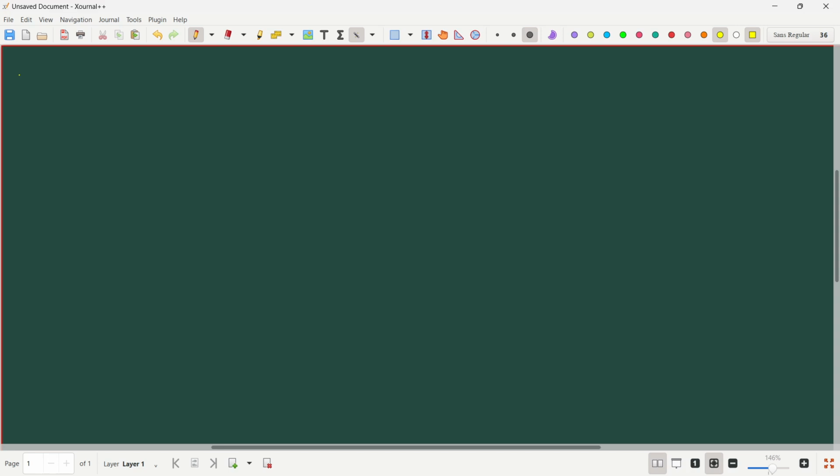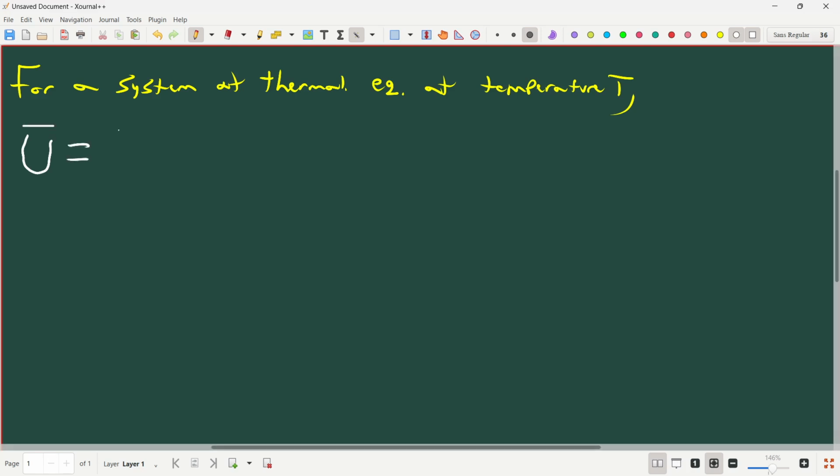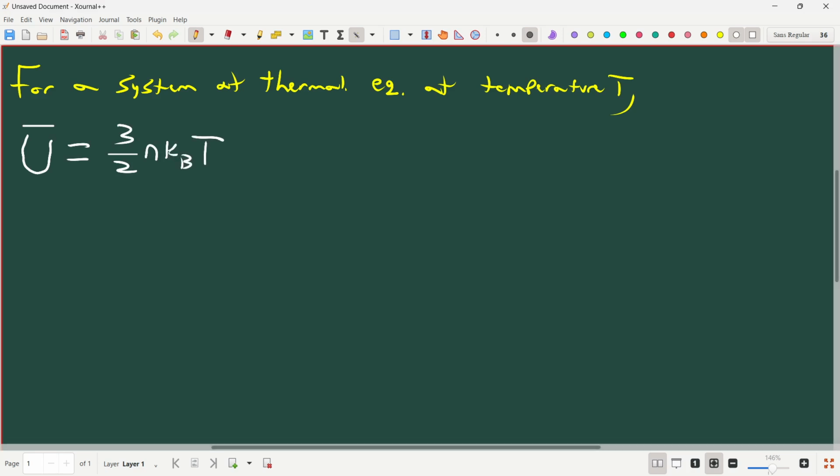What did we find? Well, the first thing that we found, of course, is that for the system at thermal equilibrium at temperature T, the average energy of the system is 3/2 times the number of molecules times Boltzmann's constant times temperature.